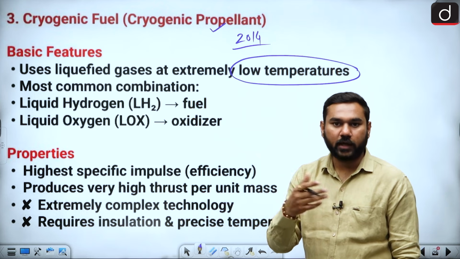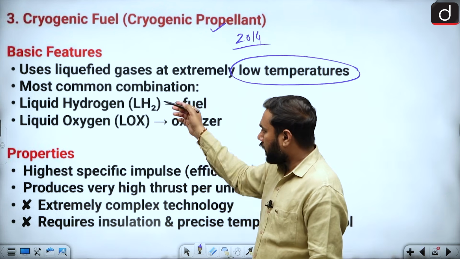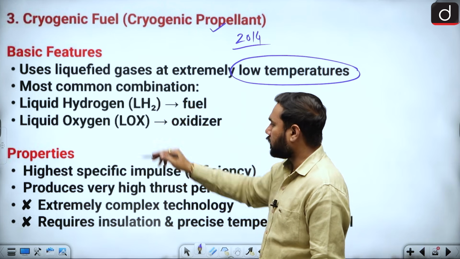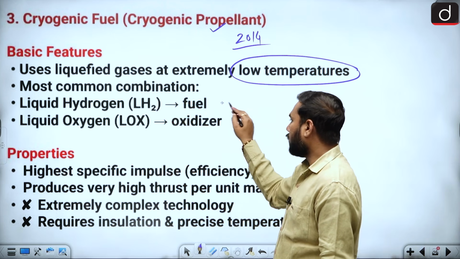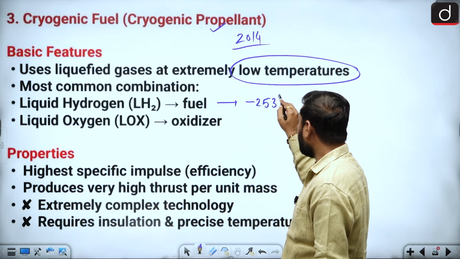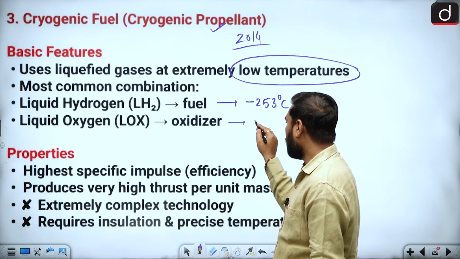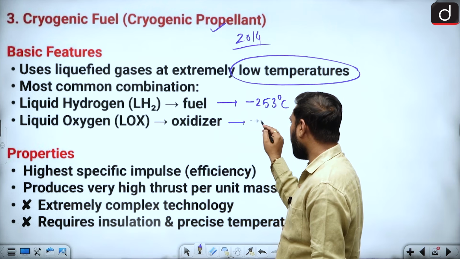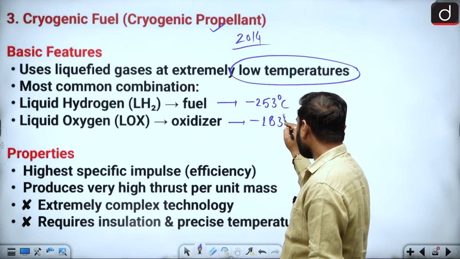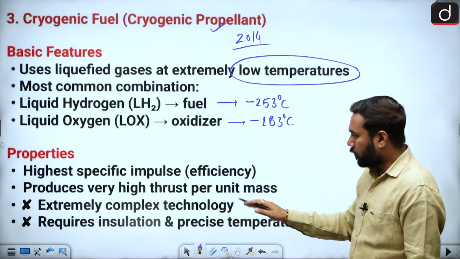There are liquid hydrogen and liquid oxygen. Liquid hydrogen is at minus 253 degrees Celsius, and the liquid oxidizer, liquid oxygen, is at minus 183 degrees Celsius.